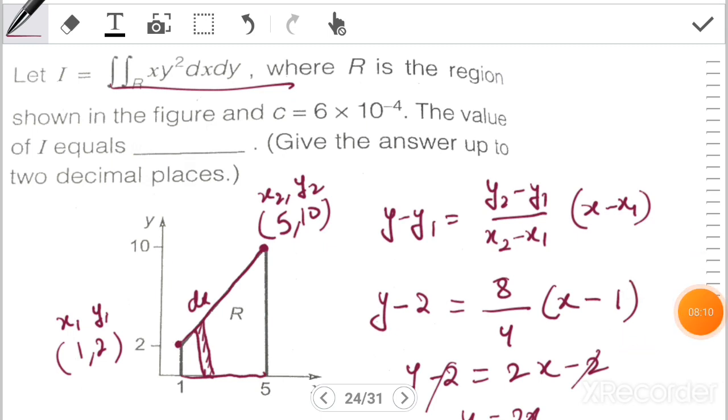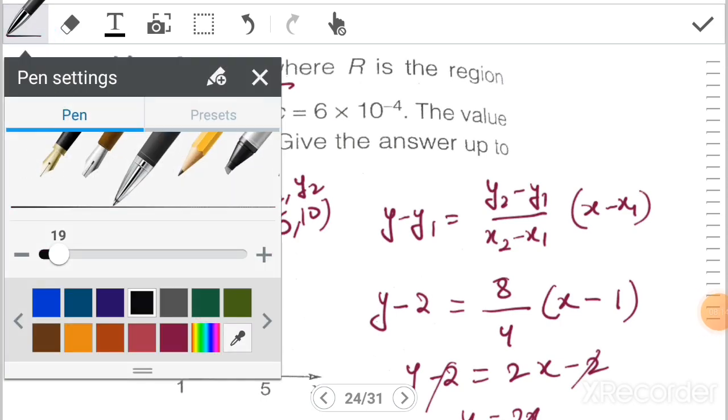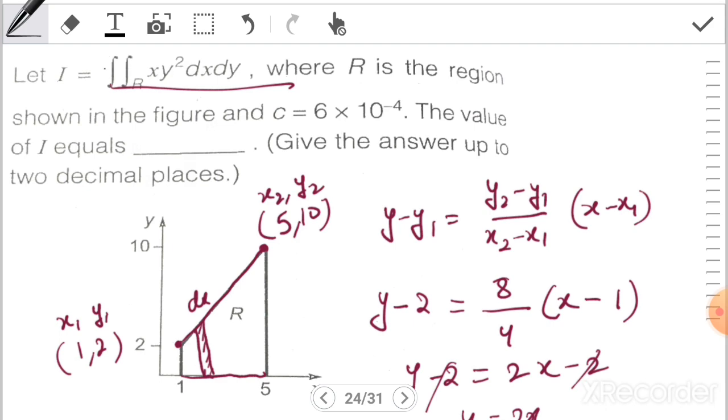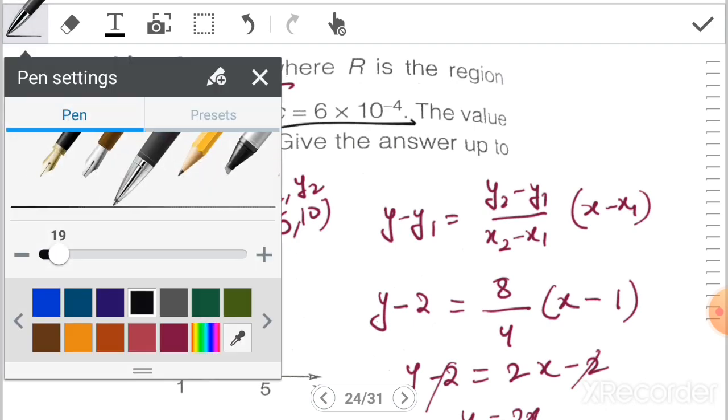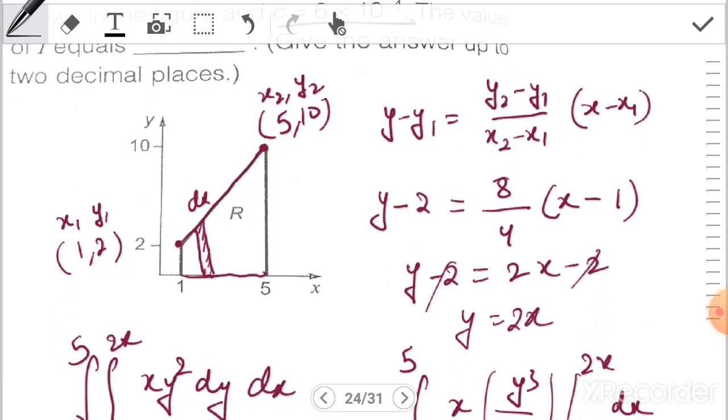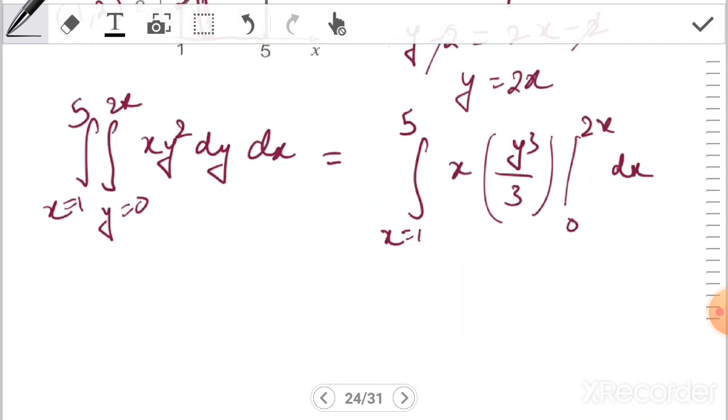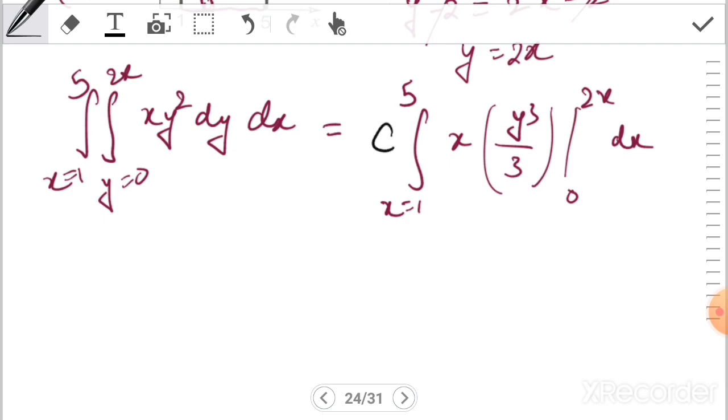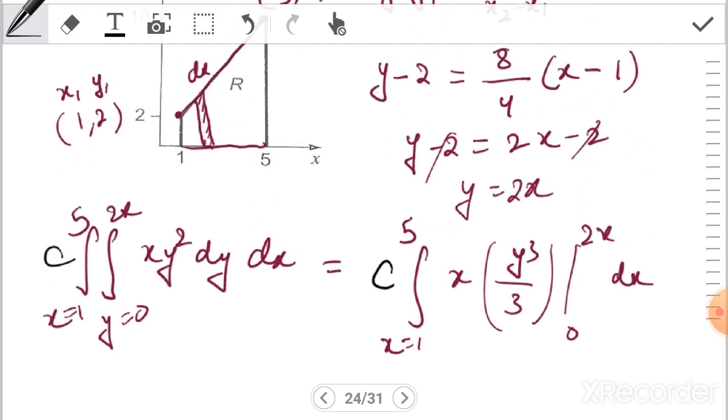Okay, here c is missing in the question. So originally in the question c is mentioned, where c is given as 6 into 10 raised to the power minus 4. So this is c here, c is constant.